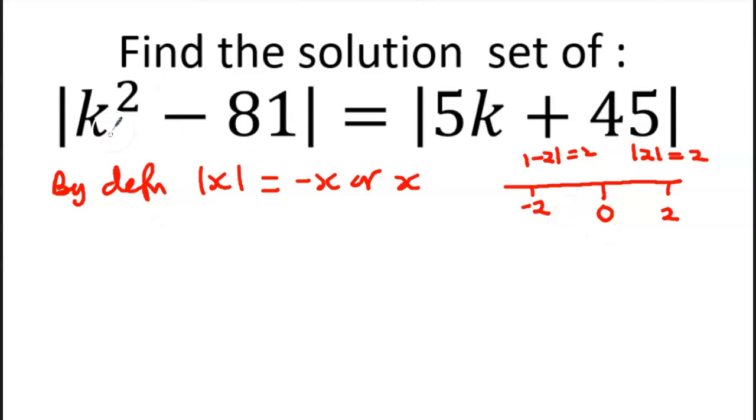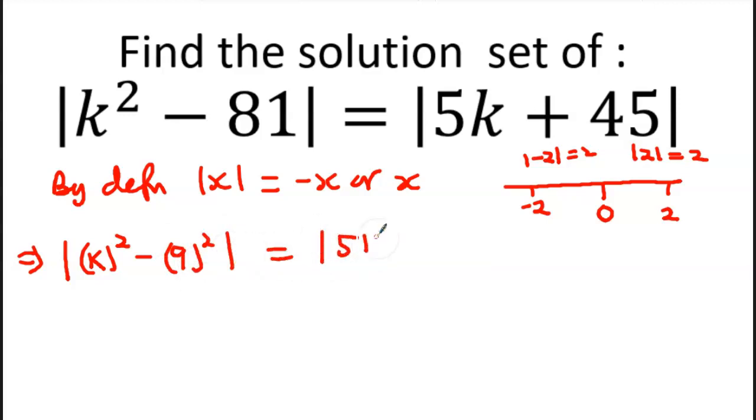Okay, let's come back to look at the expression here. K squared minus 81. K squared is a perfect square. 81 is also a perfect square. So let's write this as absolute value. This is difference of two squares: k all squared minus 9 all squared, which is equal to absolute value of 5k plus 45.